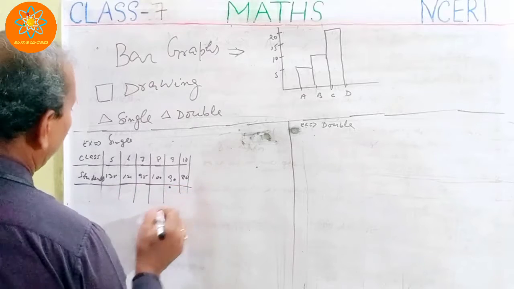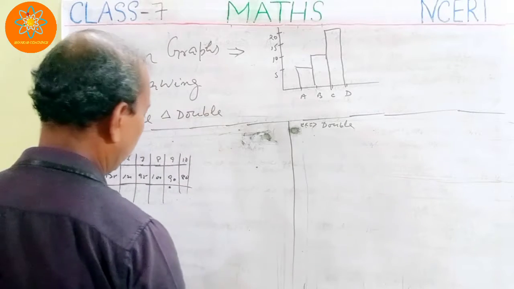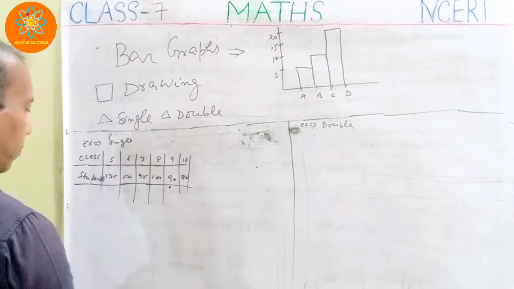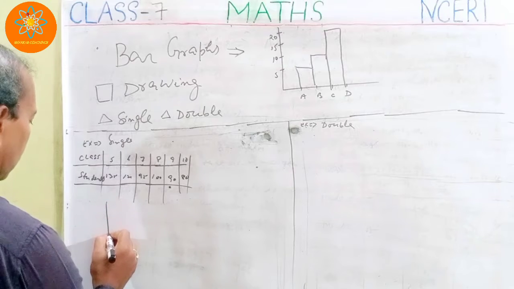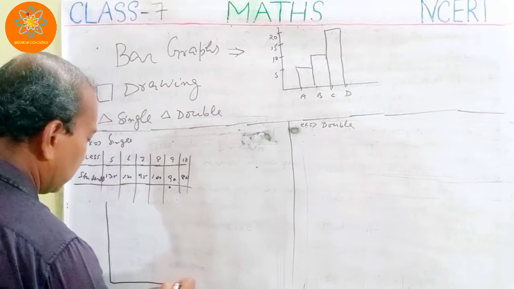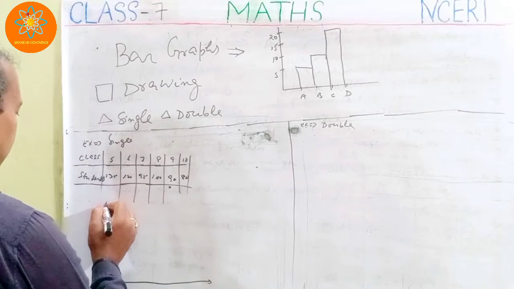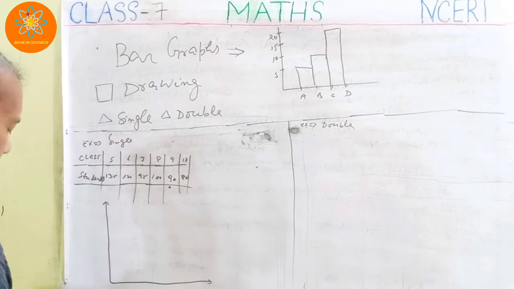So only single data is here, so we can draw only a single bar graph. So I want to draw this single bar graph. How to draw? Let's suppose we will make the scale on the y-axis.